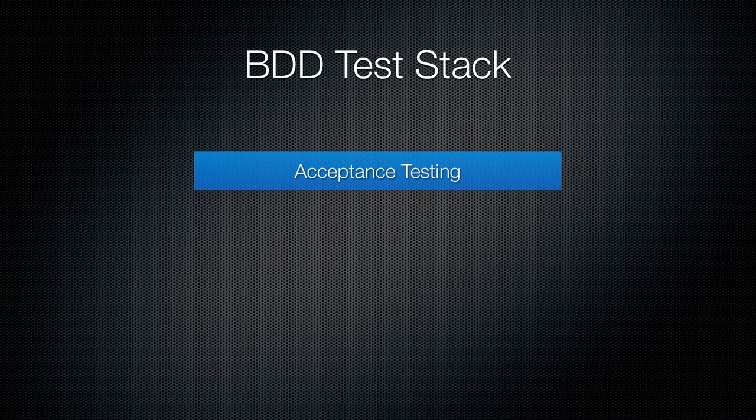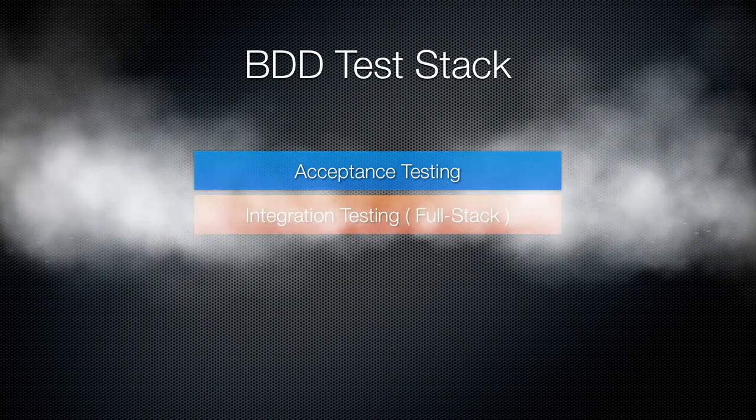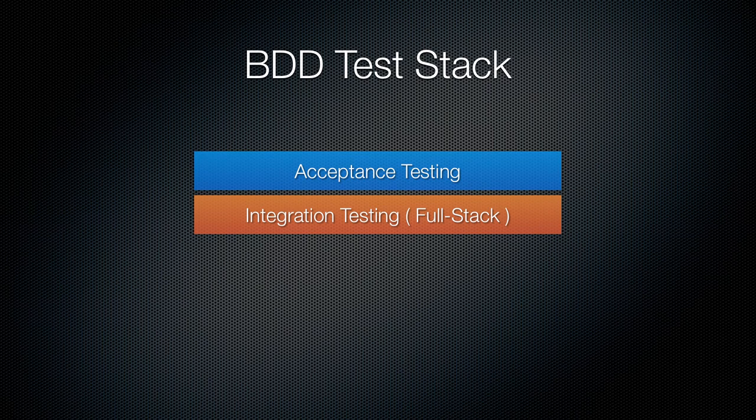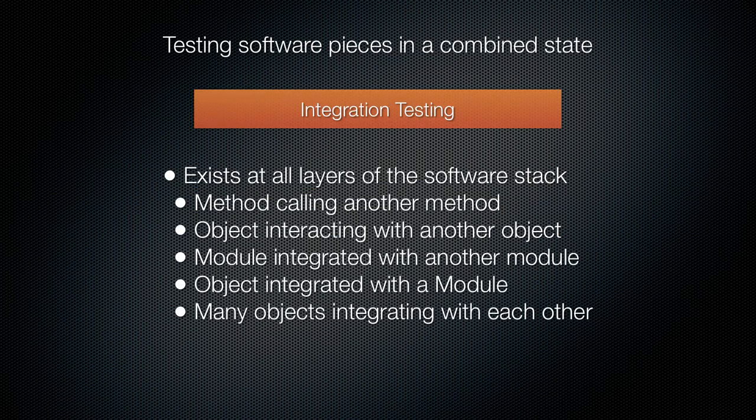So the next layer in the stack below acceptance testing is integration testing, or full stack integration testing to be more specific. Integration testing is the concept that you are testing software pieces in a combined state. This could be applicable at any layer of your software stack. It could be simply two methods interacting with each other, or two objects interacting with each other. Or it could be that calling a method on an object really interacts with 5 methods on 2 other objects, or 10 other objects.